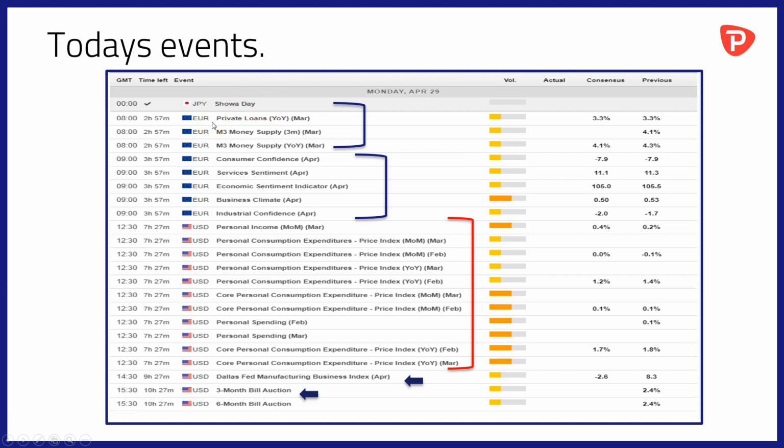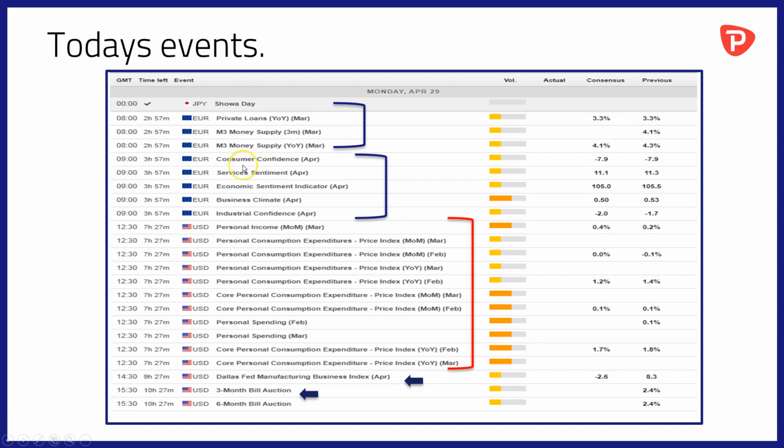In terms of data due out this morning at 8 AM GMT, we'll have the first set of data out of the Eurozone, and this is a look at lending and the growth of the money supply, private loans data year on year to March, and M3 money supply data both monthly and year on year for March as well. So a look at credit growth there.